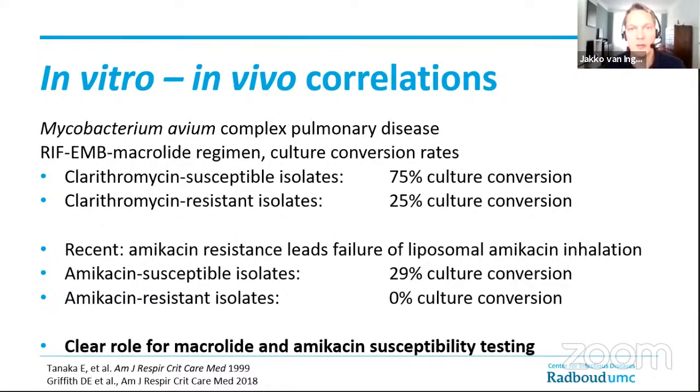And that is obvious from case series, that macrolide resistance emerges readily if you use macrolide monotherapy for this disease, or if you use macrolide and quinolone combinations to treat. But if you use the otherwise inactive or hardly active rifampicin and ethambutol with the macrolide, then macrolide resistance becomes a very rare event, and treatment outcomes are way better than for the other regimens.